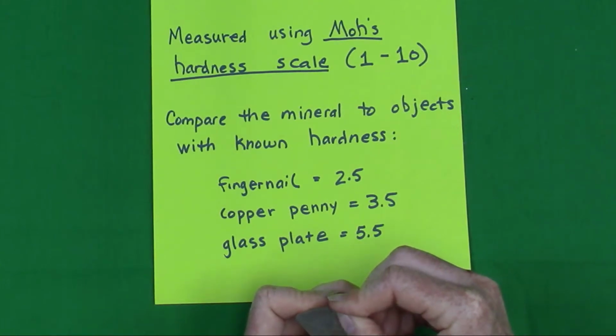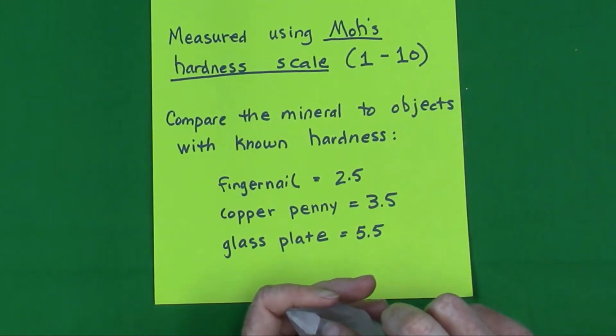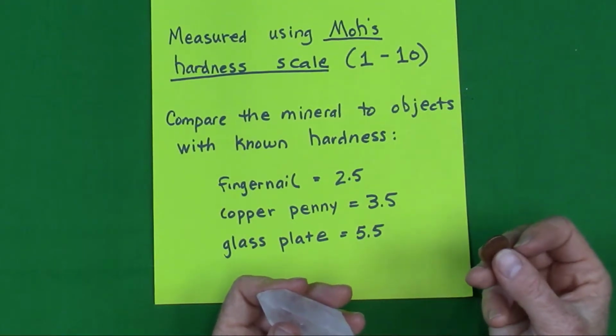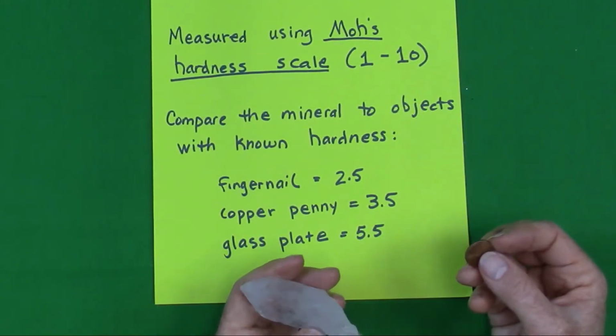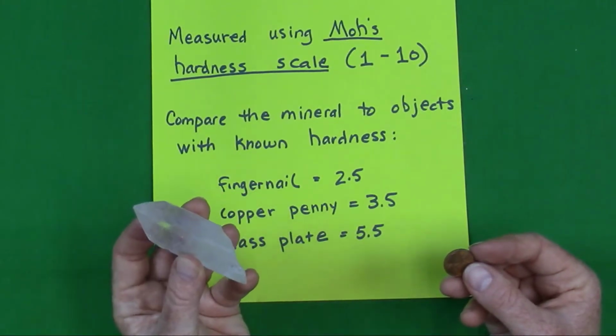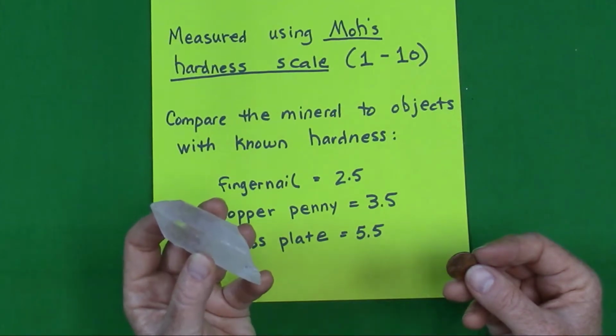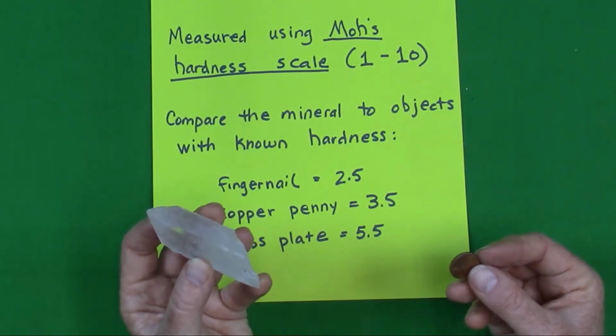So I'm going to press it against the mineral and rub it along the surface, and I cannot see or feel any scratch produced by the penny. That means that all we know so far is that this mineral is harder than a penny. In other words, the hardness of this mineral is greater than 3.5 on a scale of 1 to 10.